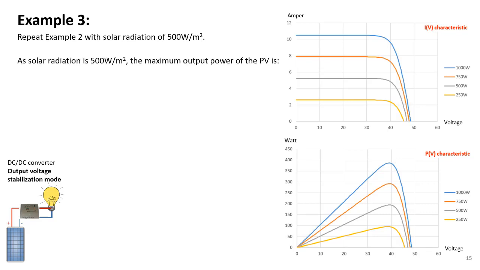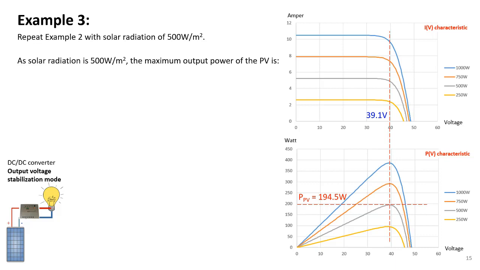In this example, similar to example 2, let us consider the case when the solar incidence is reduced by half to 500 watts per meter square. Now, implementing exactly the same steps, you will find the PPV max is 194.5 watts.